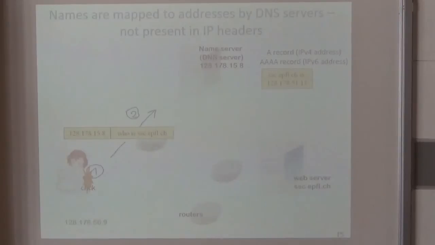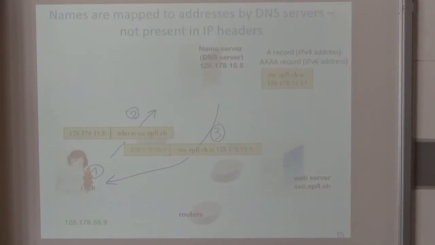You would go to a DNS server and send a DNS query using an application layer protocol, the DNS name system. This application layer is used only for the internet itself. So my computer sends to a DNS server, in that case the one of EPFL, a question: who is ssc.epfl.ch?